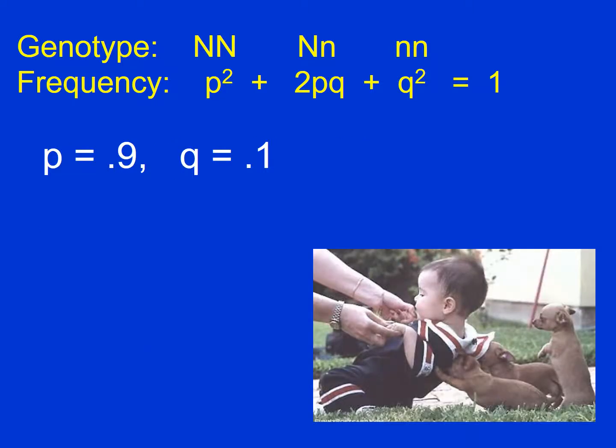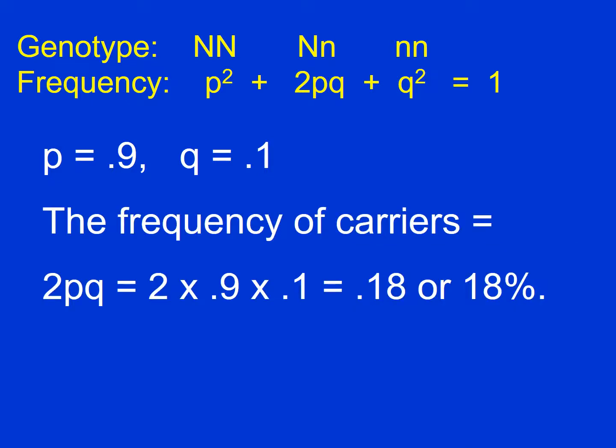So P is 0.9, that's the frequency of our dominant gene. Q equals 0.1, the frequency of the recessive gene. So the frequency of carriers then is going to be 2 times P times Q, or 2 times 0.9 times 0.1 equals 0.18, or 18%.